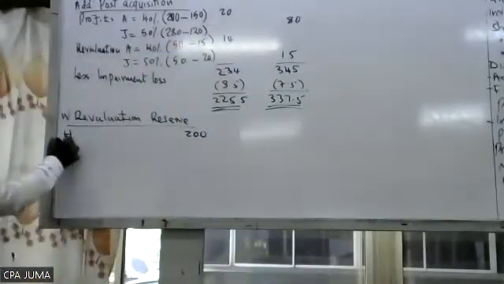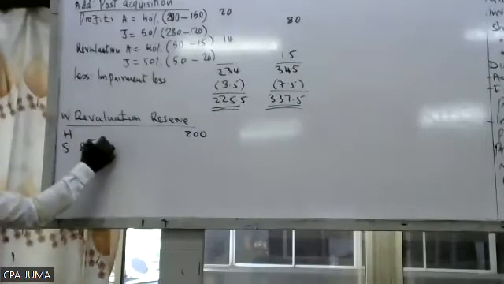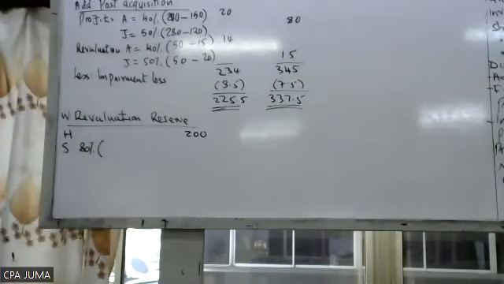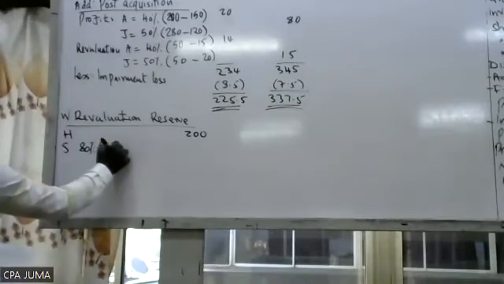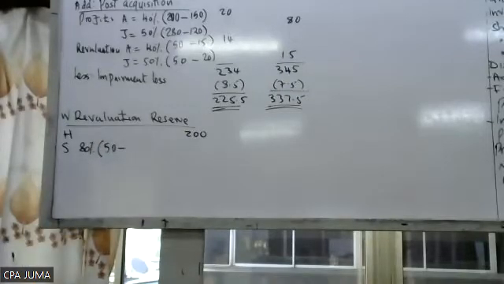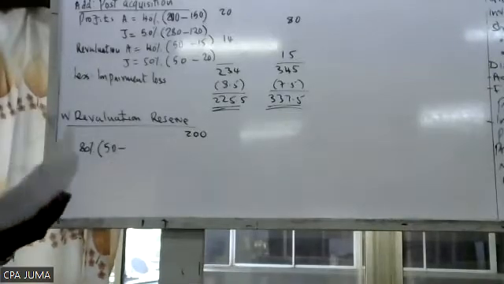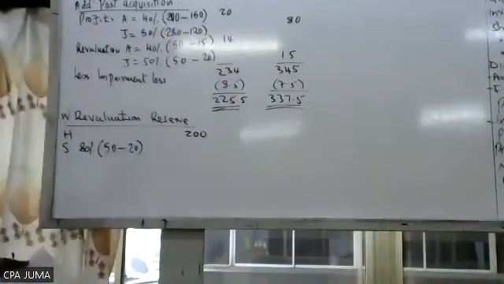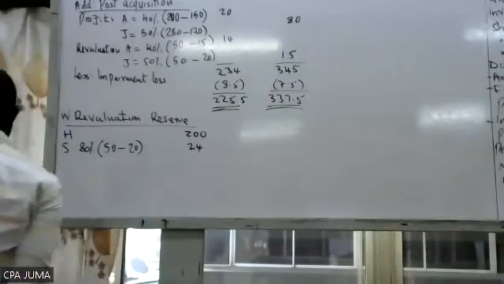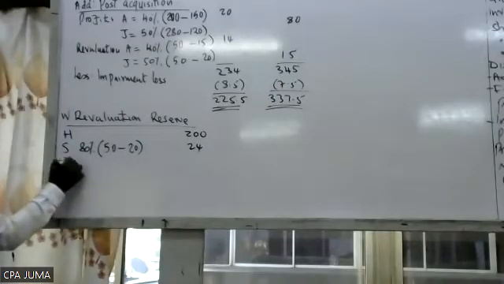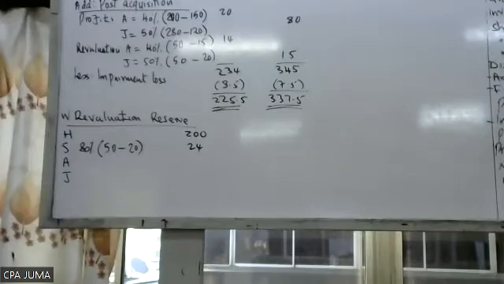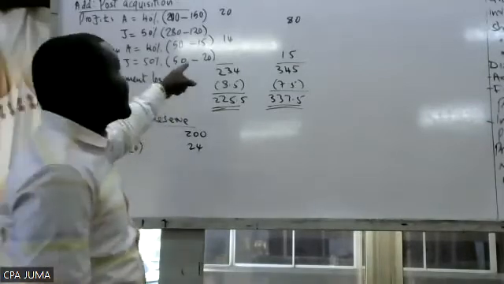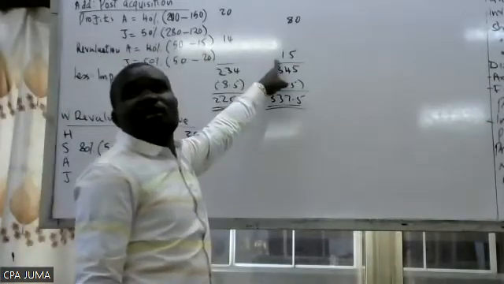So for S, I'll go for 80%. In the balance sheet, revaluation is reading 50. So you take 50 minus, on acquisition, revaluation was 20. So 50 minus 20 is 30. 80% of that is 24. Then in A and J, I'm not going to struggle. They are here. This one's 14 and 15.